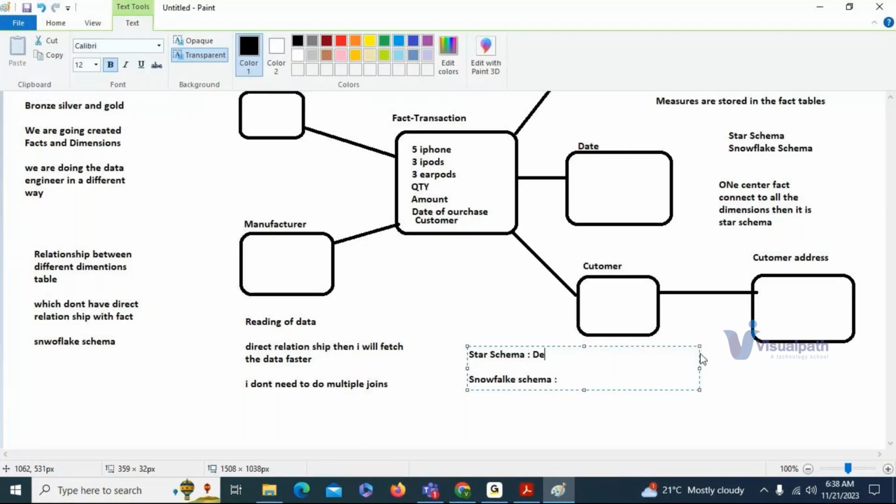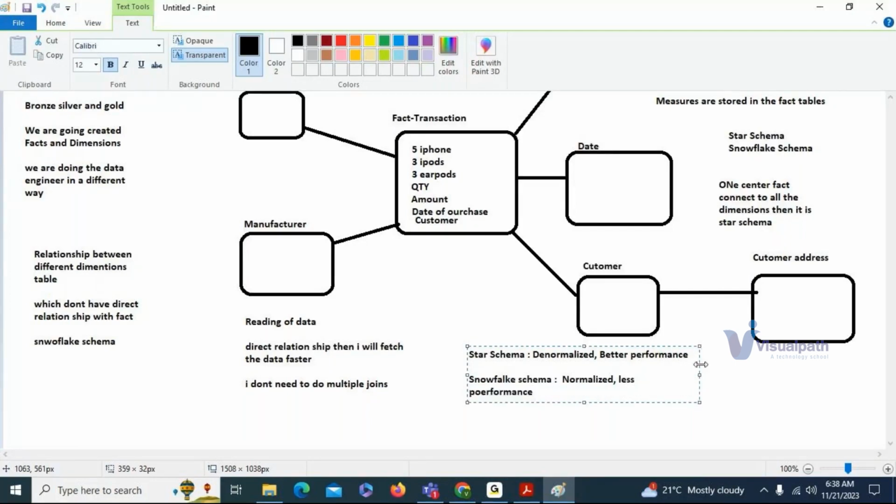Star schema is denormalized, absolutely correct. Snowflake schema is normalized. Performance wise, the denormalized star schema is better, while the snowflake schema has comparatively less performance.